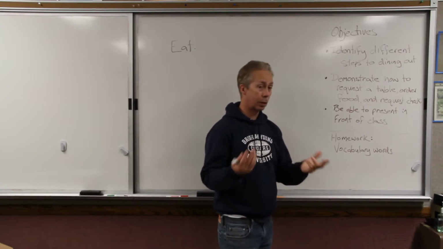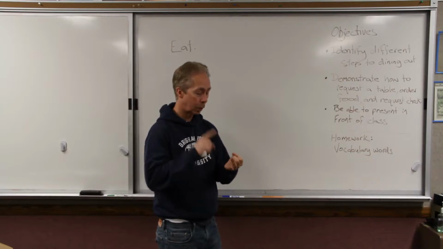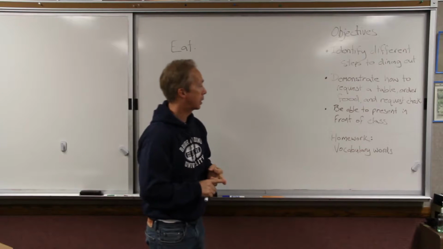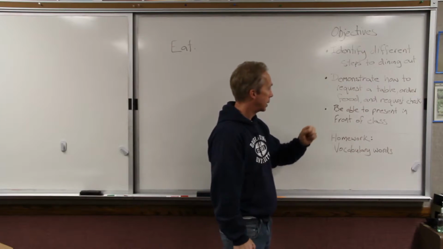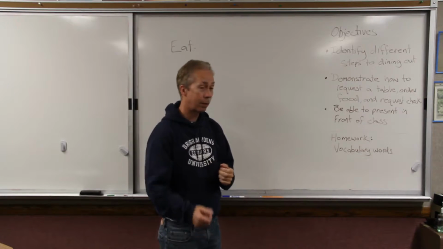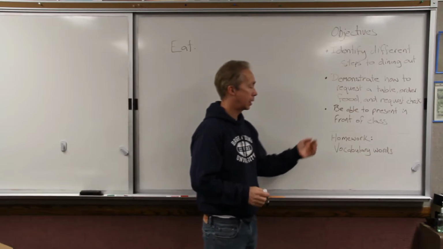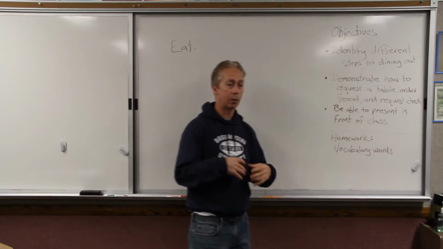Demonstrate: everyone in the class is going to be able to demonstrate how to request a table, order food, then request the check for payment. Then we're going to break out in groups and do that. We'll talk a little bit about that. And we're going to have each of you in your groups present in front of the class in the last 20 minutes of class, so we can see how you've done with the vocabulary.